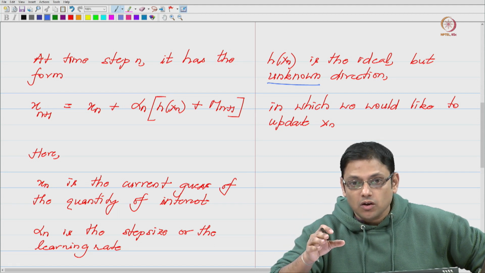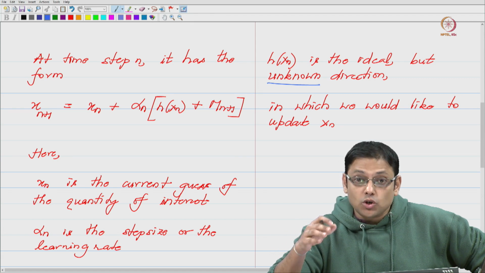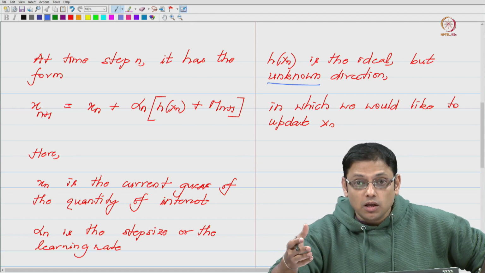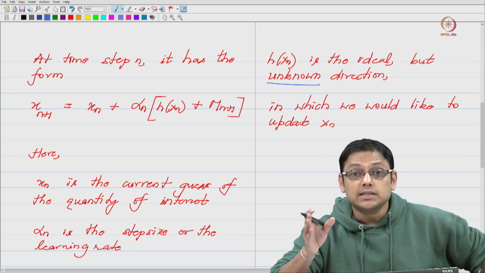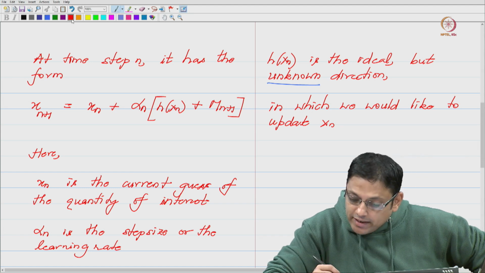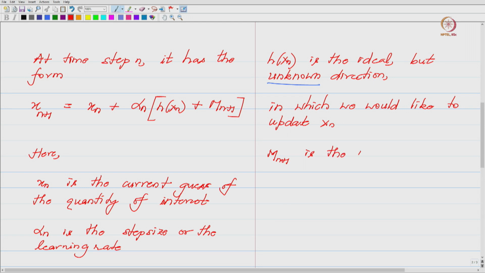If h(x_n) was known, then in some sense we wouldn't need stochastic approximation. Stochastic approximation becomes useful because there are several applications where this ideal update direction is unknown. And finally, M_{n+1} is the noise in the estimate of this ideal update direction h(x_n).